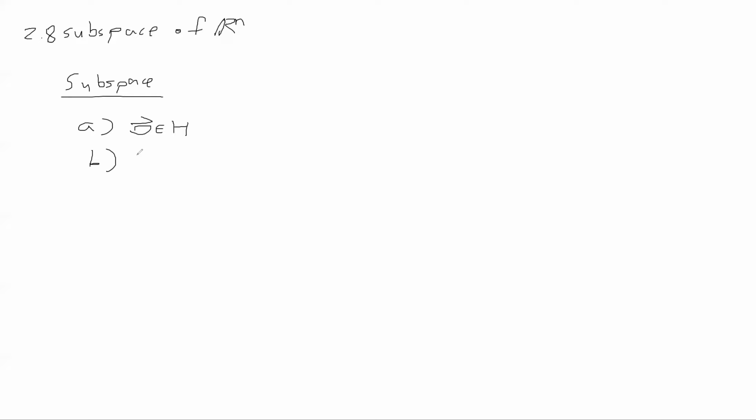So this is what we have. U is in H, V is in H, then U plus V is also in H. Okay, and the last one is that the scalar multiple of a vector U in H is also in H, right?